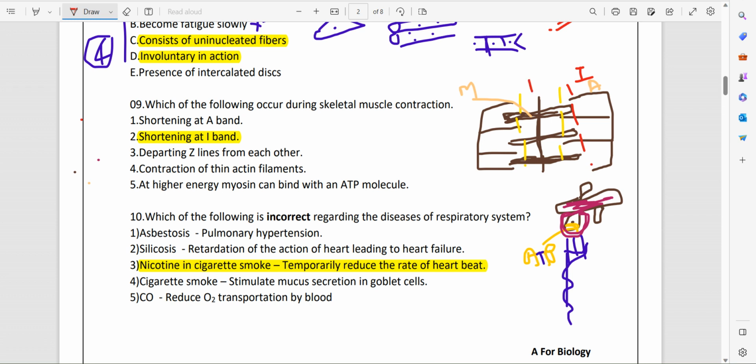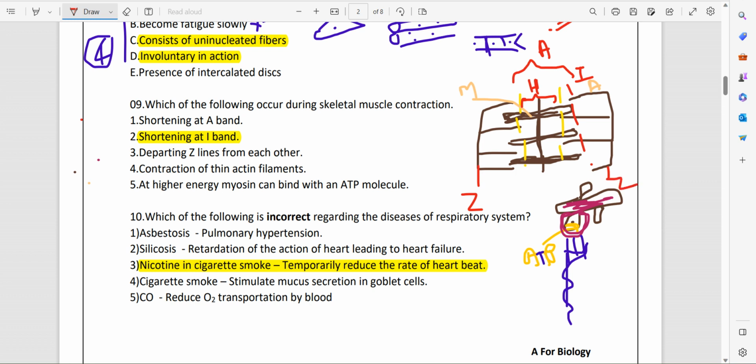The distance between two Z lines is known as the sarcomere. So what we mean by I band is this thin filament line, and A band has both thick and thin filaments. H zone just has thick filaments, so that's extra.